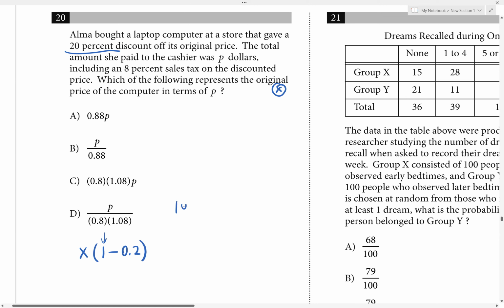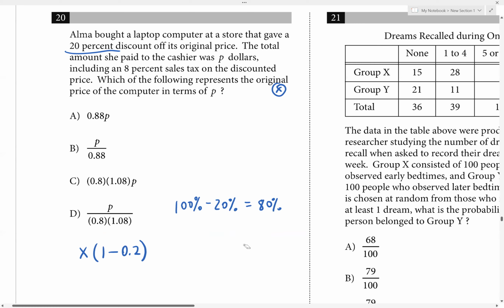So this is like 100% minus 20%, so there's 80% left. That's what we had to pay. In decimal form it is 1 minus 0.2, which is 0.8. That's why I do 1 minus 0.2 to represent the 20% decrease.